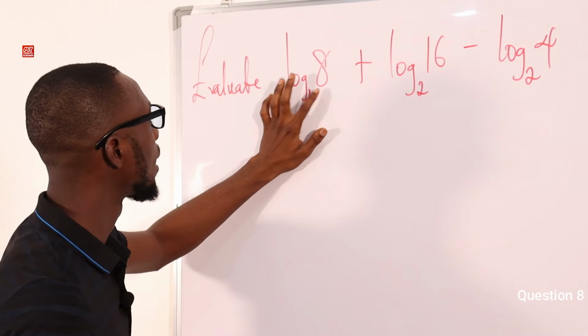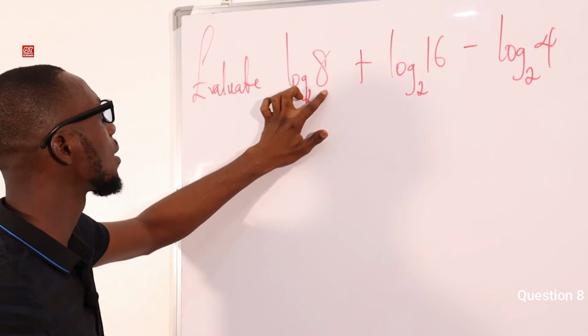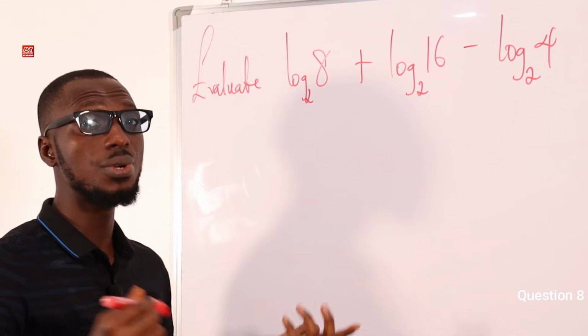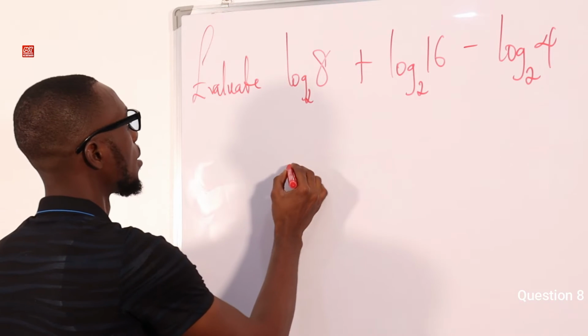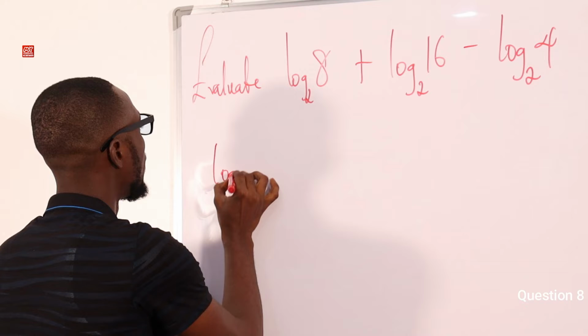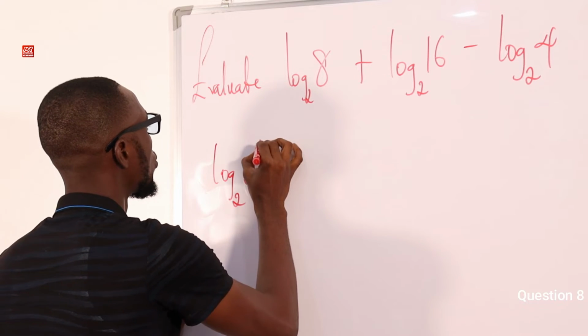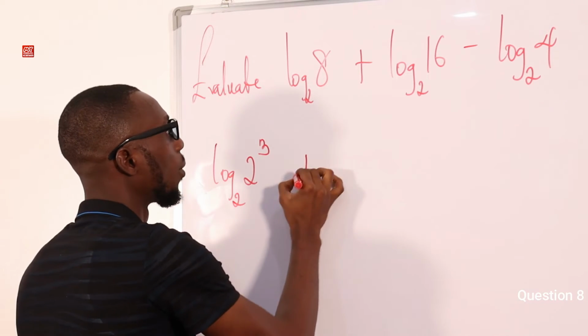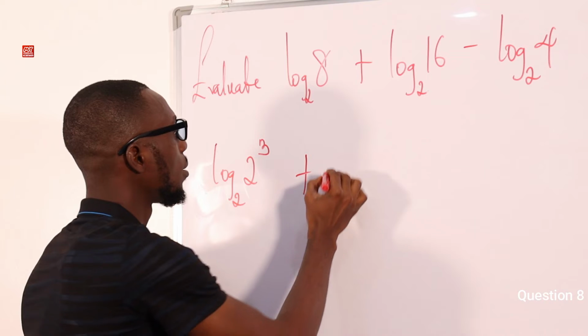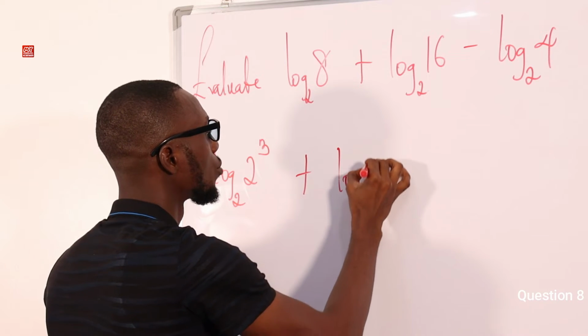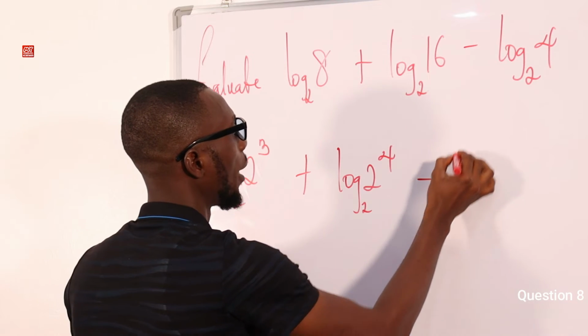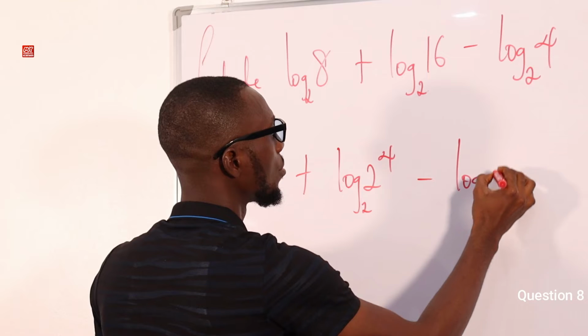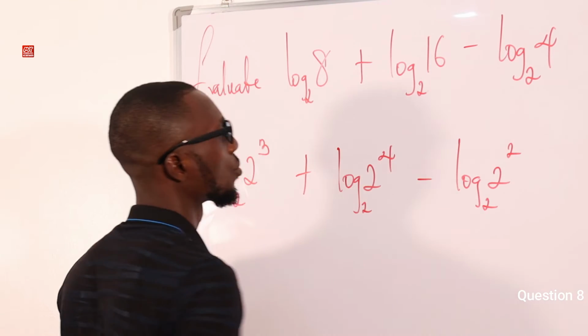Okay, so remember that we're working in base 2. So what is 8 in base 2? 8 in base 2 is 2 raised to power 3, isn't it? So for this, I have log base 2 of 2 raised to power 3, plus log base 2 of 2 raised to power 4, minus log base 2 of 2 raised to power 2.